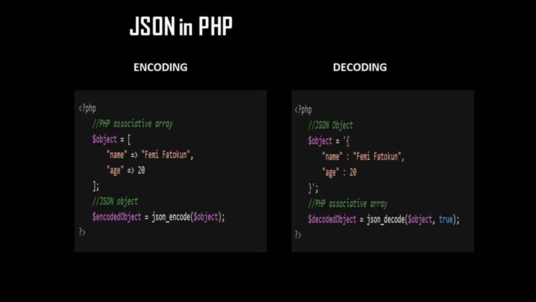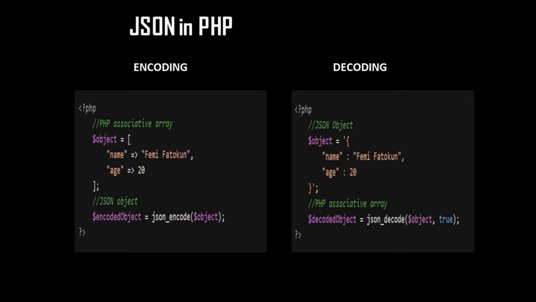The name is the key, Femi token is the value, age is the key, 20 is the value. If you use the built-in PHP function json_encode and you pass the array, it is going to give you a JSON encoded object of the associative array that you passed to it. So this is how simple it is to encode a PHP array into JSON.